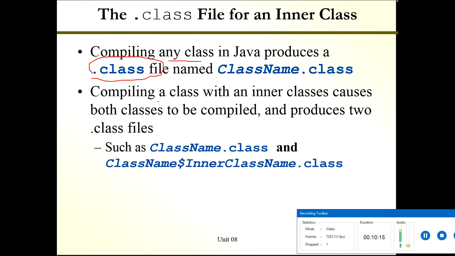Compiling a class with inner and outer classes causes both classes to be compiled. It will produce two class files for the one program: the outer class name dot class, and the outer class name dollar inner class name dot class. So it will produce two class files instead of one.